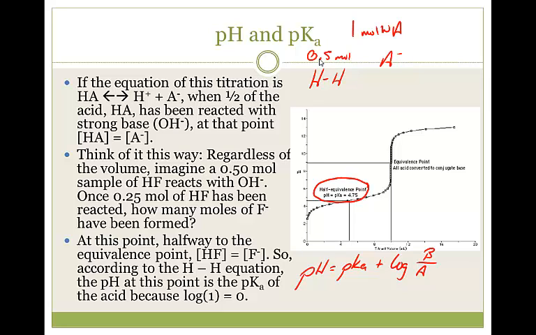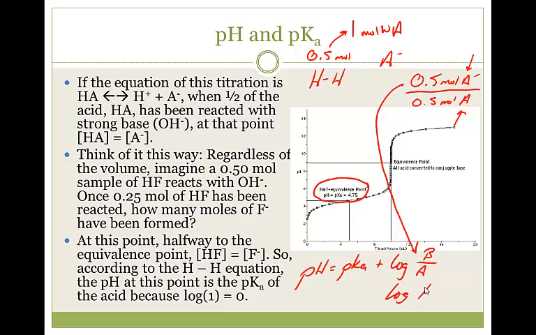And when we add a half a mole, okay, now halfway to the equivalence point, what we should have is a half a mole of weak acid and a half a mole of our conjugate base. When we go ahead and divide this, because this is what goes right here, we will get the log of 1. And everyone knows the log of 1 is 0.